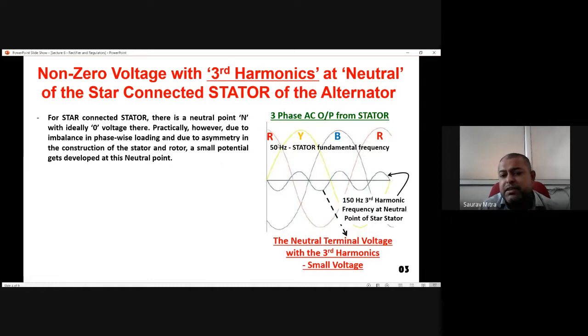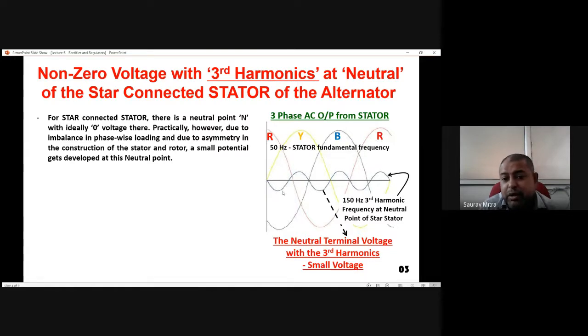Here the three-phase RYB connection is shown. You can see that these are very high amplitude AC. Let's say this is 50 hertz; for a car the frequency is higher, but let's say it's a 50 hertz supply. RYB are higher amplitude supplies, and they are rectified by those six diodes shown in the previous slide.